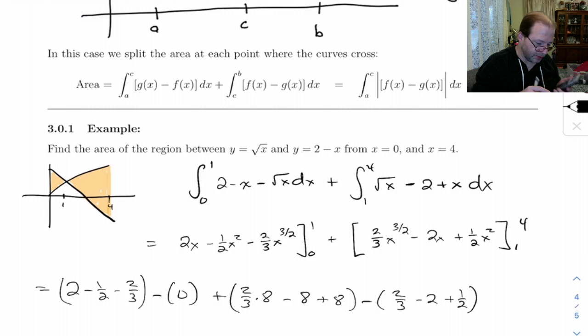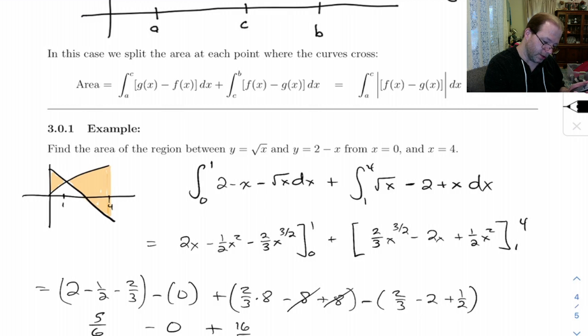All right, let's see what this is. 2 minus a half minus 2/3. Okay, that gives me 5 over 6 minus 0 plus, let's see, these cancel. That's just 16 over 3. And then this last thing is minus 5 over 6 because this and this.